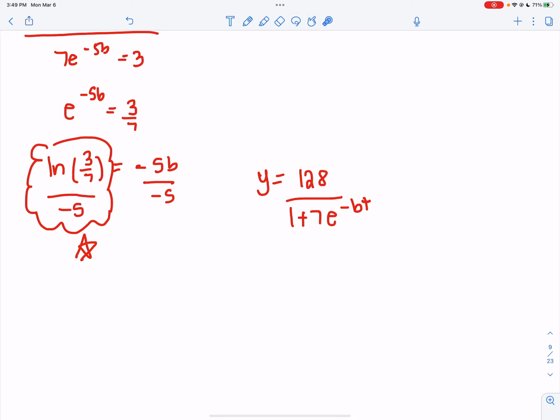On the test, I would just leave b as b, so I am okay if you wrote b as this right here. Remember that you want to be as accurate as possible so that it really truly does pass through (5, 32), and that it really is an initial value of 16, and it really is a carrying capacity of 128.